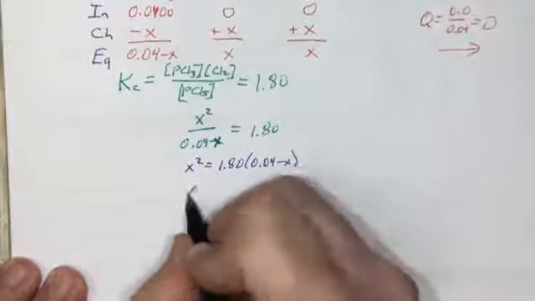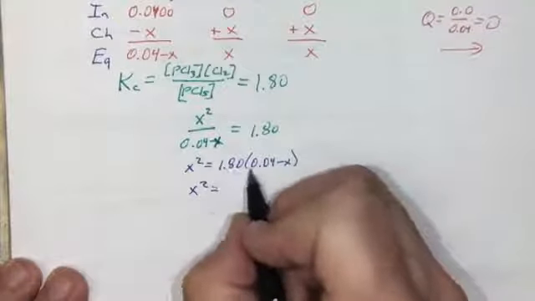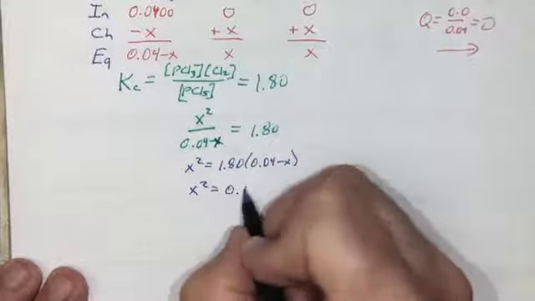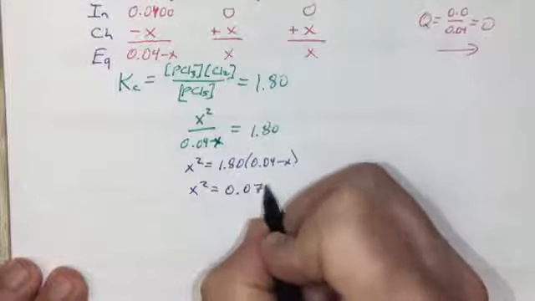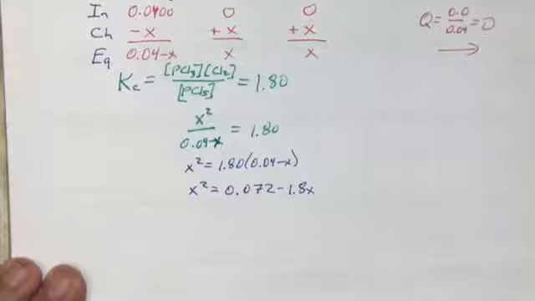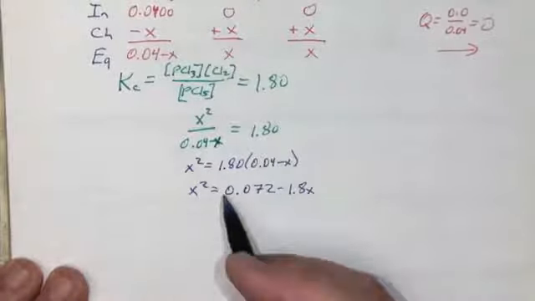Next I will multiply across to remove the parentheses. X squared equals 1.8 times 0.04, which is 0.072, minus 1.8X. It really has three significant figures. I'll fix the significant figures at the end. Now this is a second order polynomial. We'll have to get all the terms on one side.